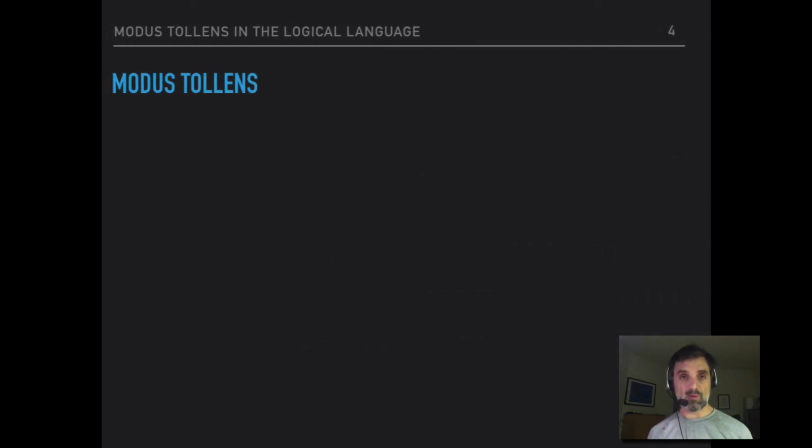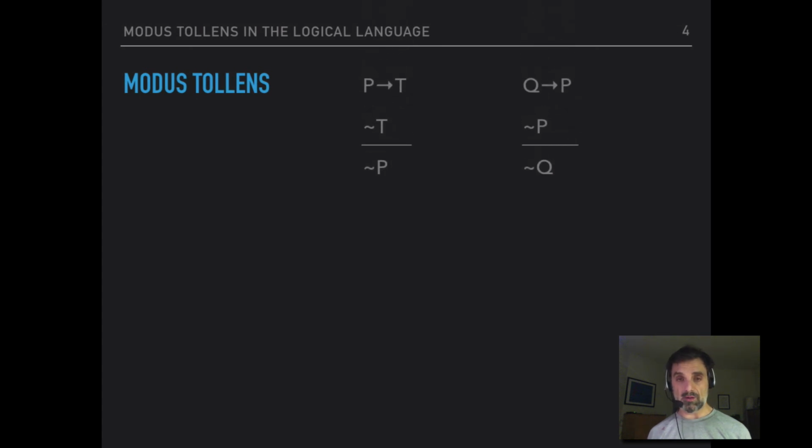If we look at the symbolizations, they look pretty much the same. We have a conditional, we have the negation of the consequent as the second premise, and we have the negation of the antecedent as the conclusion. So if we have any sentences, square and circle, any sentences whatsoever, however complicated they may be, and we have a conditional formed from them as one premise, and as another premise the negation of the consequent, then we can infer validly the negation of the antecedent.